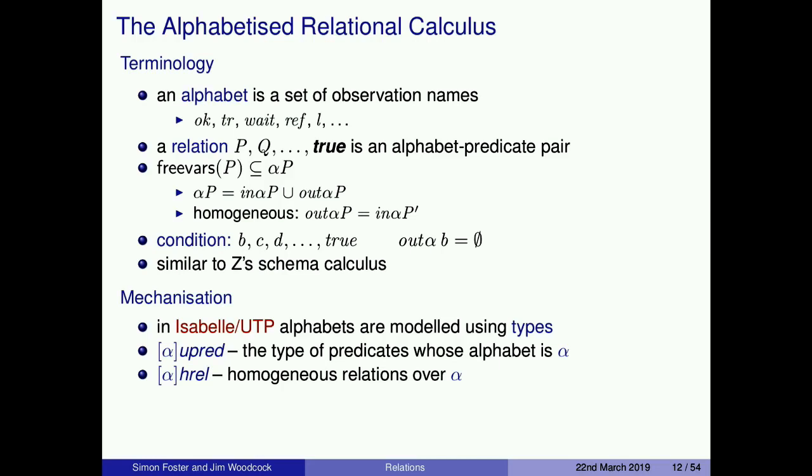In Isabelle, this is just written using the priming notation, but when I write this mathematically, I prefer this notation because I think it's a little bit easier to read. So basically this is the type of predicates whose alphabet is alpha. And then similarly, we have one for relations, specifically homogeneous relations, and this is the type of homogeneous relations over the alphabet alpha.